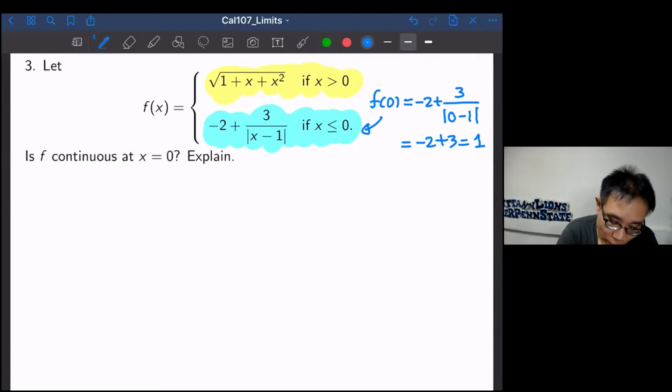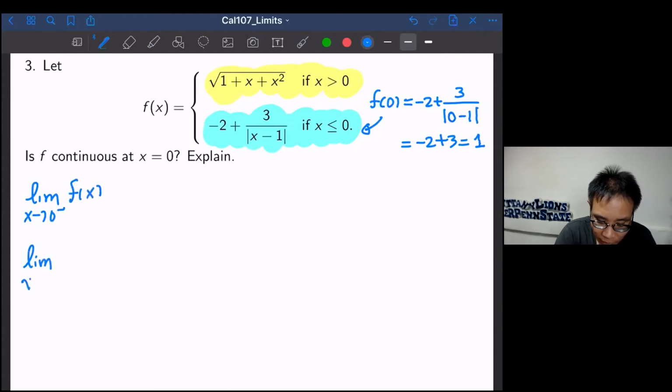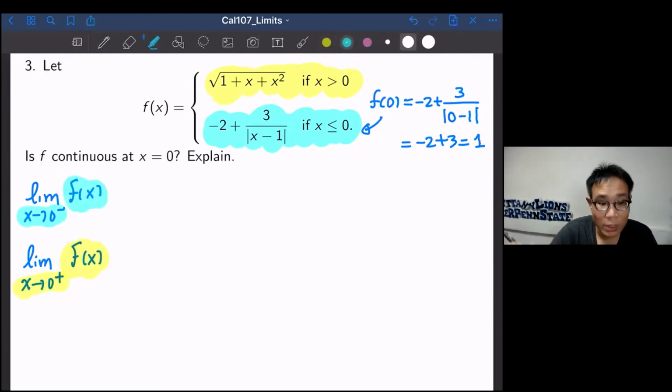And now I will compute the limit as x goes to 0 from the left of f(x) and the limit as x goes to 0 from the right of f(x). So in this case, you see that you are having the yellow case down here, and you have the blue case up here.